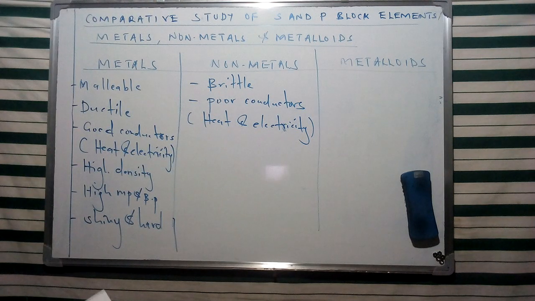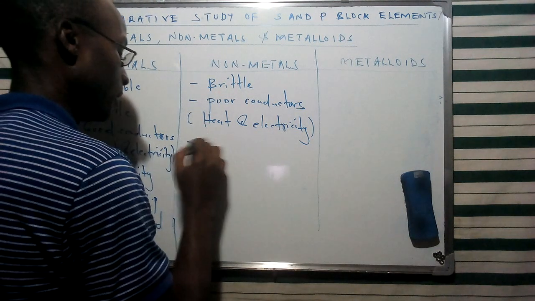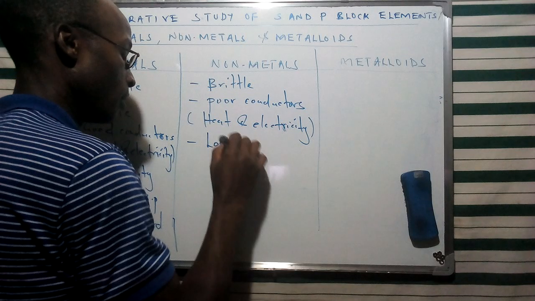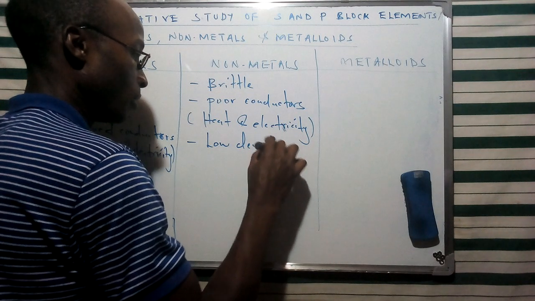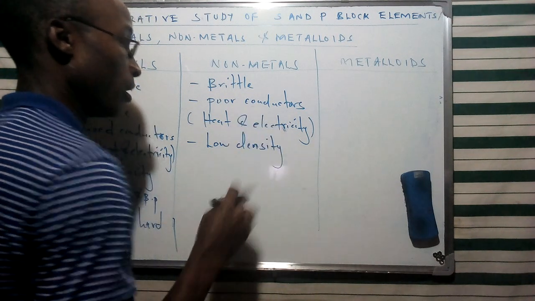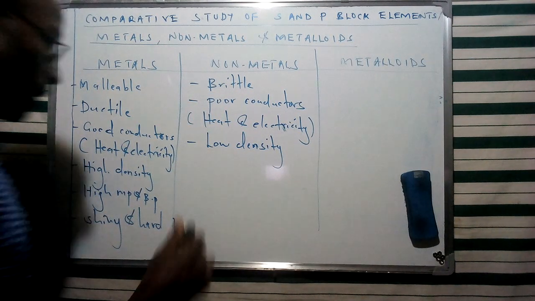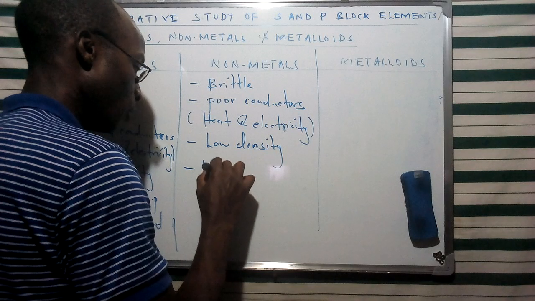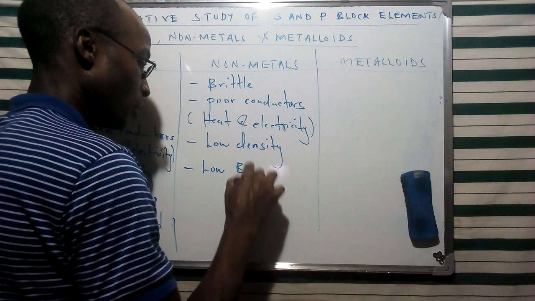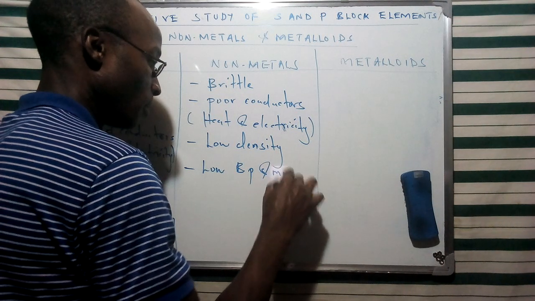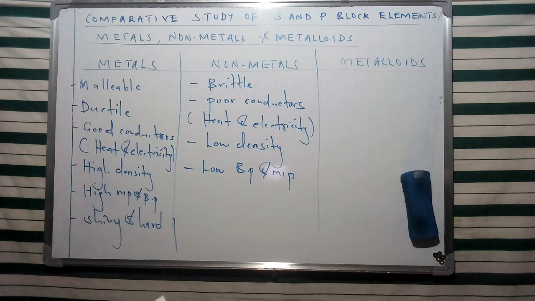And then of course we're going to see that unlike metals, they are going to display low density. So this is going to be low density compared to perhaps metals or metalloids, as we're going to see later. And then they are going to have lower boiling points and melting points in that respect.